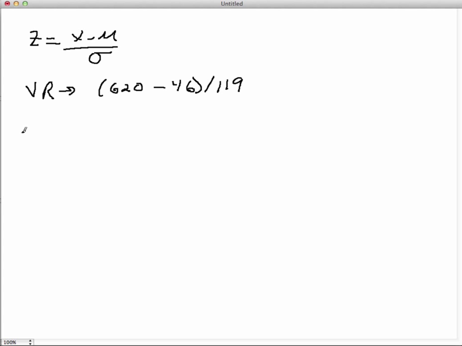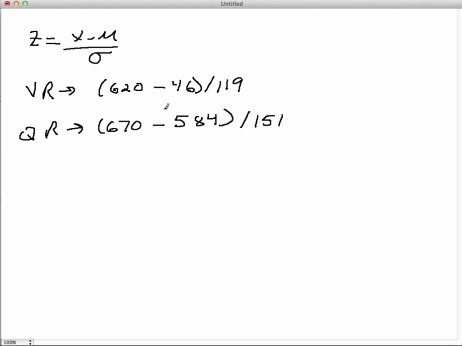And on the quantitative reasoning, she scored a 670, subtract the mean of 584, and divide that by the standard deviation of 151.